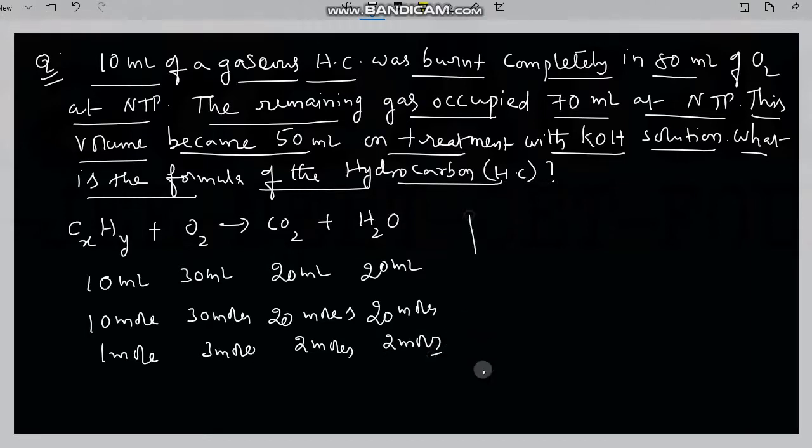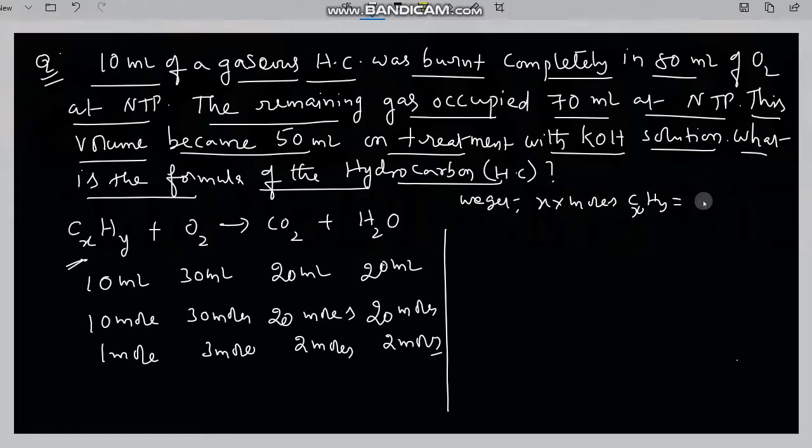Now you start applying the principle of atomic conservation. We get X into moles of hydrocarbon, that is CxHy, is equal to 1 into moles of CO2.